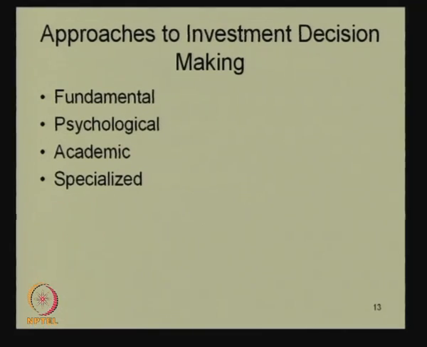The approaches are basically, it can be a psychological approach, or we can say it is very much psychological in nature. We feel that I should invest in that particular stock, or my sentiment is going towards that investment, that is why I should choose that particular stock.